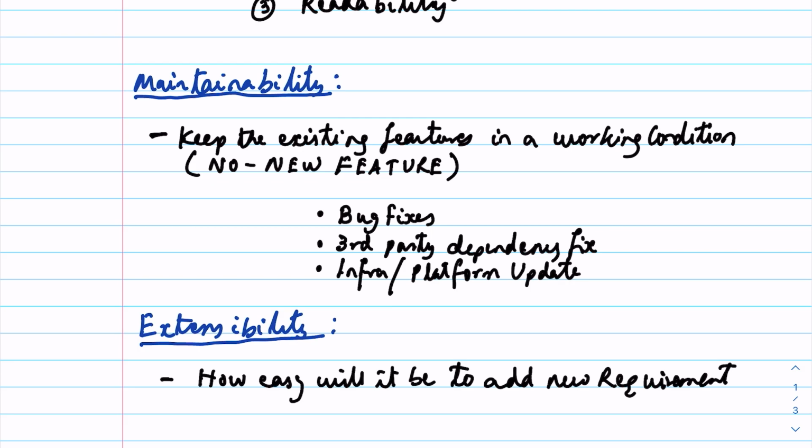Low level design, or low level design patterns, enables us to achieve these two important points. There are other important points, but these two have the highest preference.